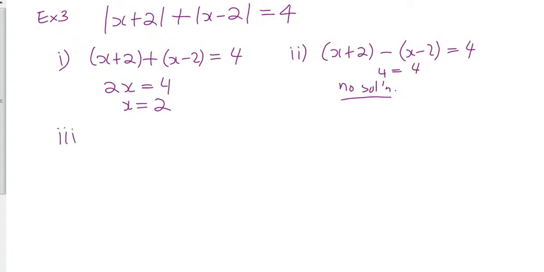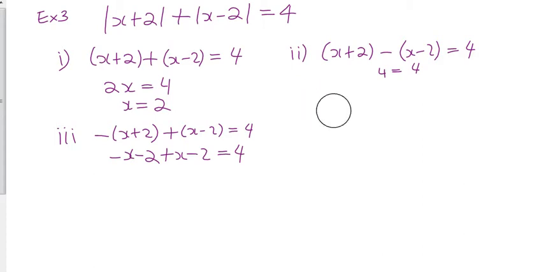And we're going to do a negative with a positive. So that's negative x minus 2 plus x minus 2 is equal to 4. So what's that work out to? Negative 4 equals 4. Oh, sorry, hang on. That's not no solution. That's every solution.